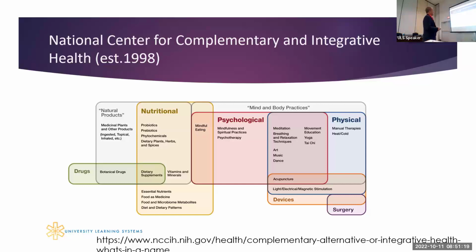They include surgery. They include devices. Devices could be electromagnetic stim, it could be TENS units. I guess that's just a catch-all kind of thing. Then the physical and manual therapies that we talked about, heat, cold, electrostim would also go in there. Anything to improve the musculoskeletal system.